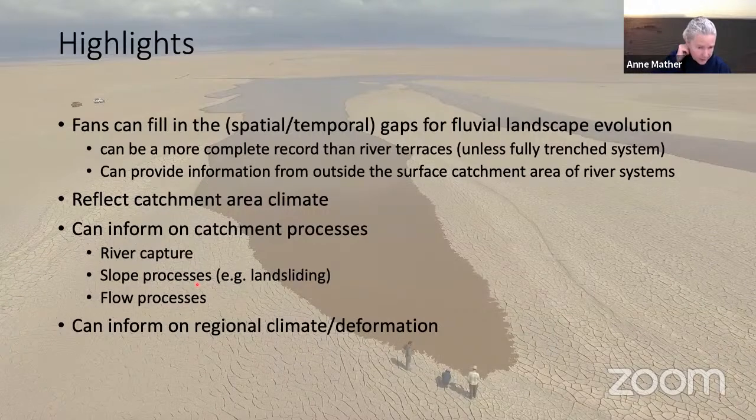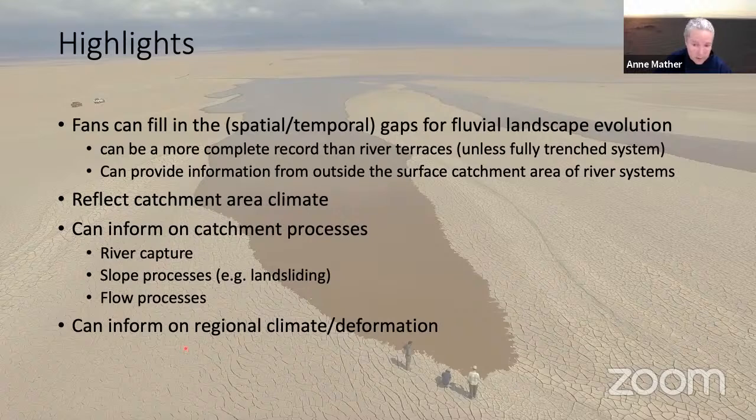And it tells us about the flow processes in the pre-Cordillera. And if we're careful, if we look more regionally at alluvial fans and the processes in each of those fans, it can then inform us on regional climate versus deformation. So again, going back to this picture, the fact that all of these fans are debris flow dominated tells us that this is probably a climate signature, and the local things like the landsliding only occur on specific fans.